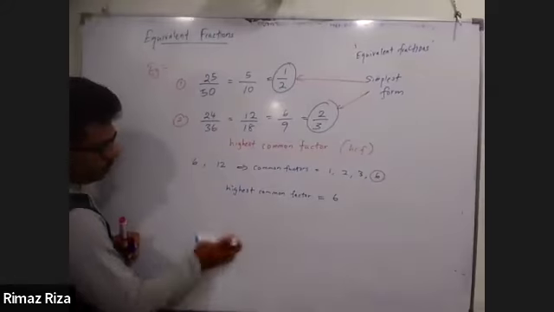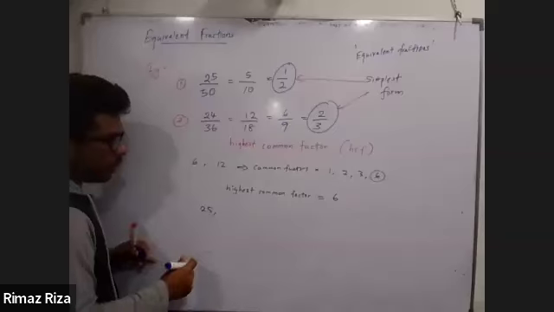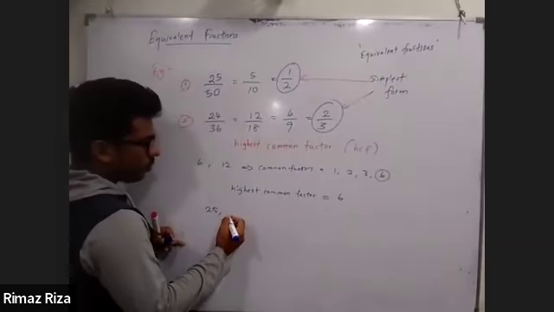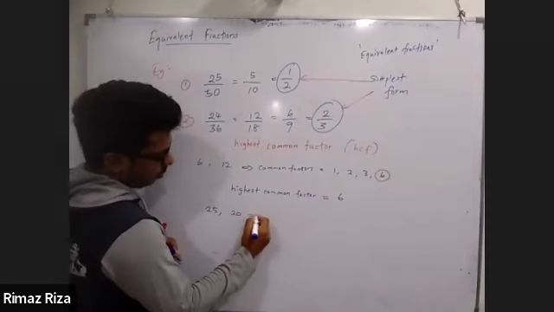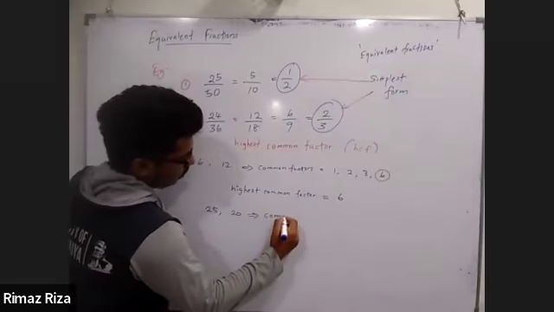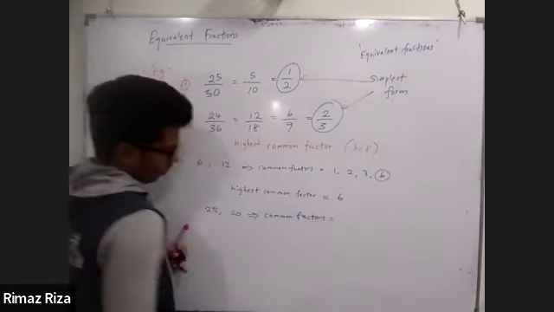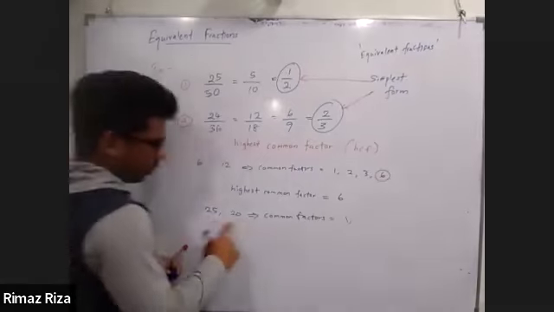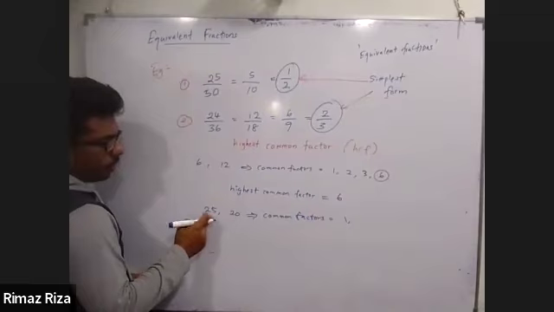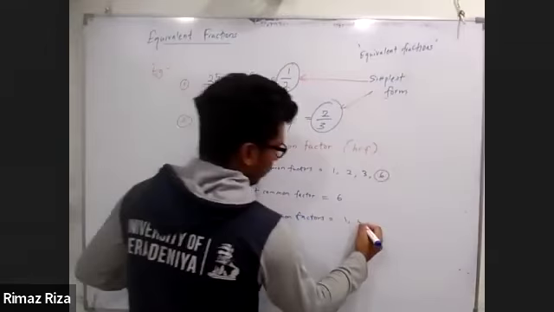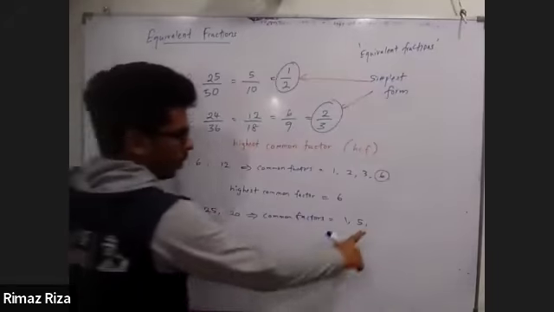Another example, 25 and 20. The common factors: 1, 2 is not a common factor, 3 is not, 4 is not, 5, yes.